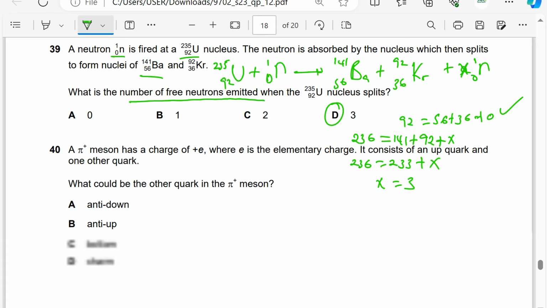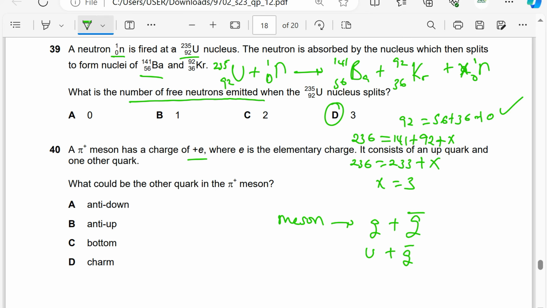And lastly, a pi plus meson has a charge of positive E, where E is the elementary charge. It consists of an up quark and one other quark. What could be the other quark? So remember, a meson has a quark plus an antiquark. So if it has an up quark, the other one should be an antiquark.